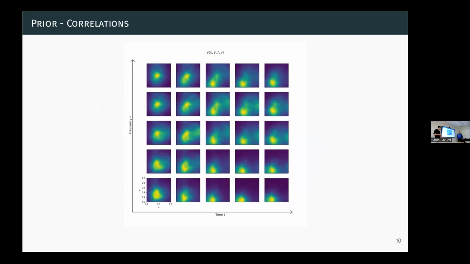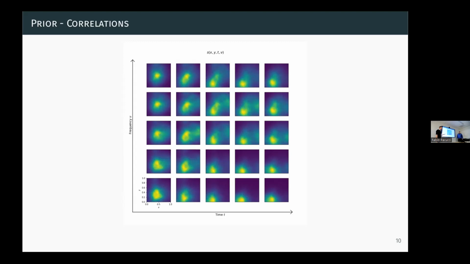What we can nicely see is that not only is the image correlated, so you have correlation within the image plane, but also individual images at different time frames and for different frequencies are correlated. So this is really trying to explore correlations in all directions.